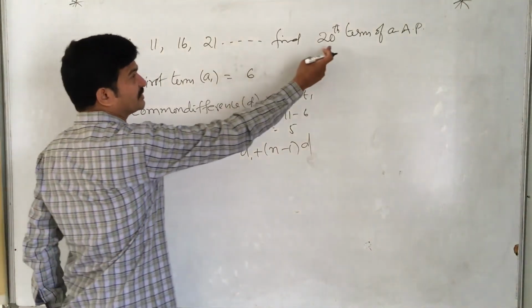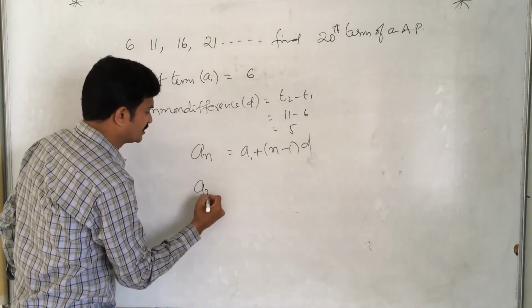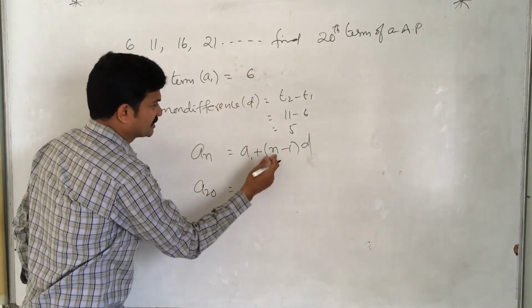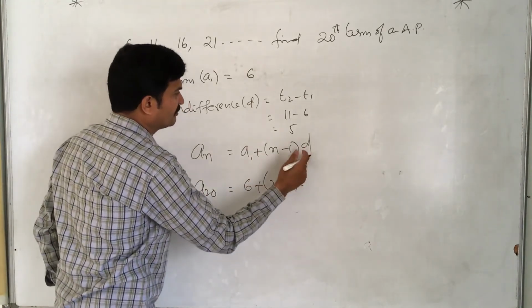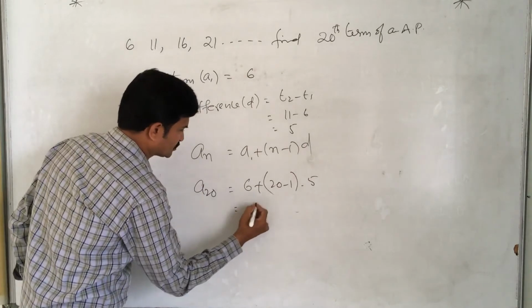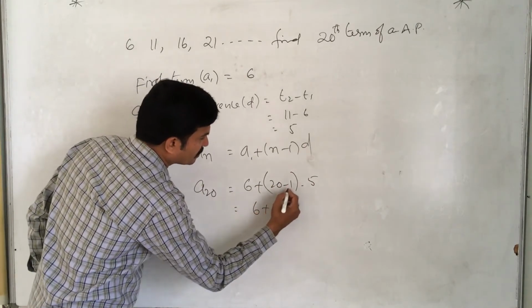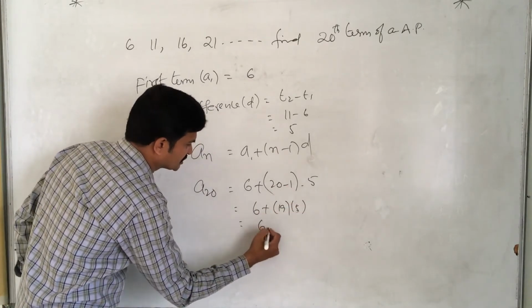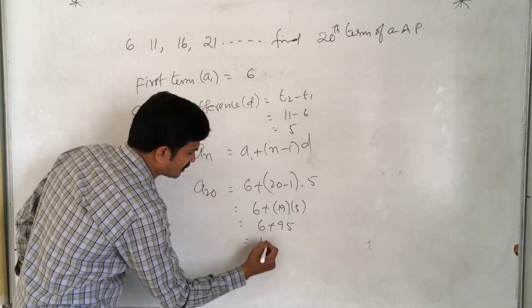Now, what term do we need to find here? The 20th term. So a20 is equal to a1, which is 6, plus, in place of n we write 20, so 20 minus 1 into d, which is 5. That equals 6 plus 19 into 5. 19 into 5 is 95, and 95 plus 6 is 101.